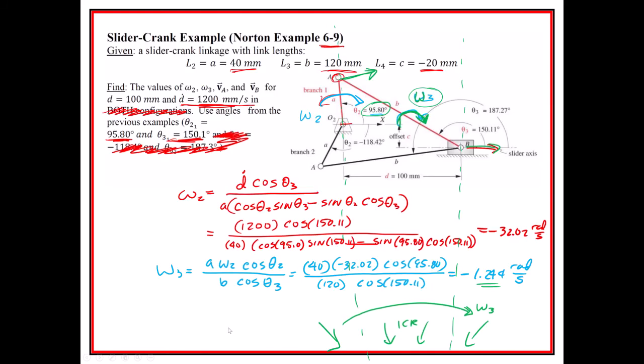But let's go back and take a look at where this stuff came from. Remember, this was the same vector loop as the crank slider.